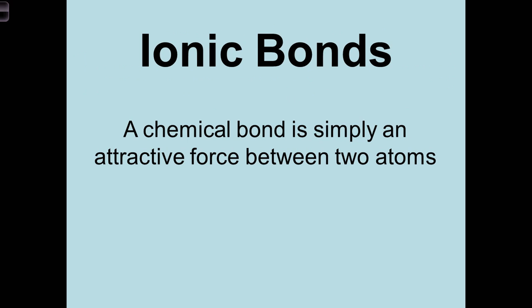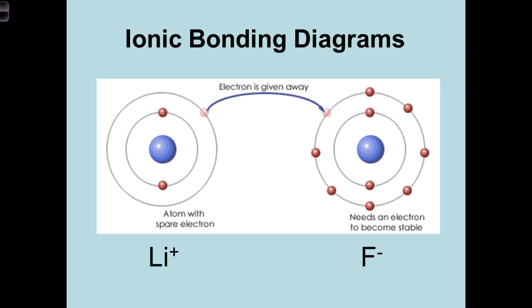Alright, so guys, what is an ionic bond? Well, an ionic bond is just a chemical bond. It's the attractive force between two atoms. In this case, lithium has lost an electron and fluorine has gained an electron, so lithium now becomes positive, Li+, and fluorine is now F-, and those opposite charges mean that they'll be attracted to each other.